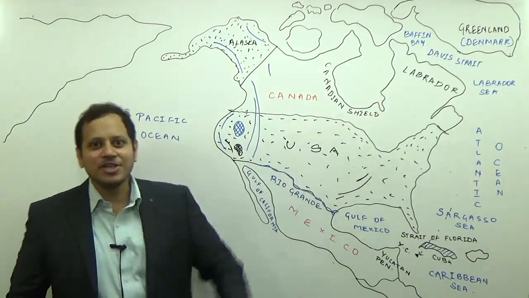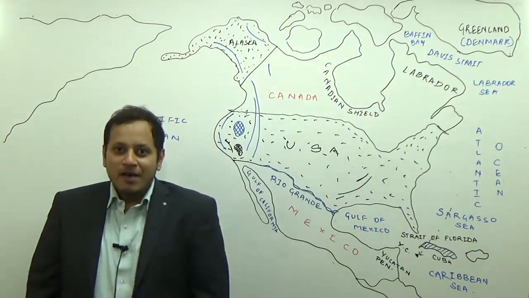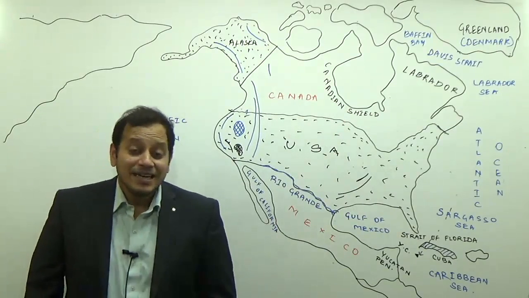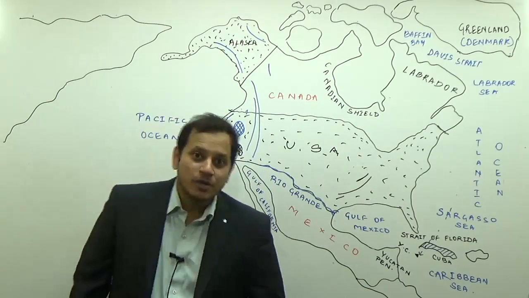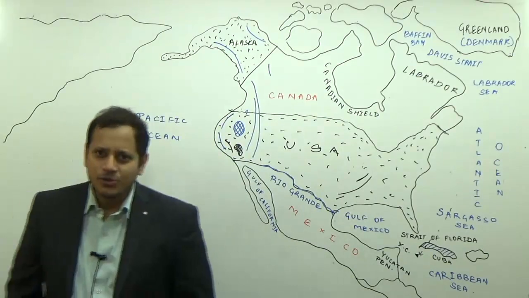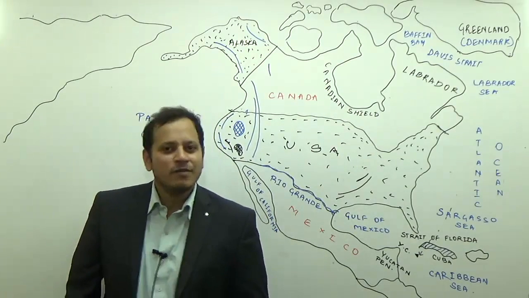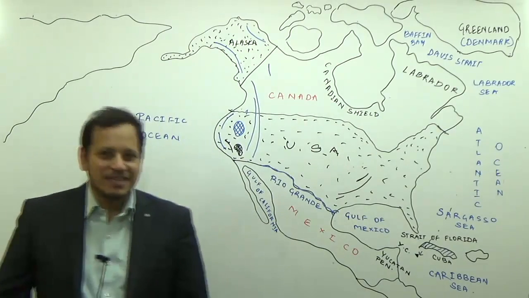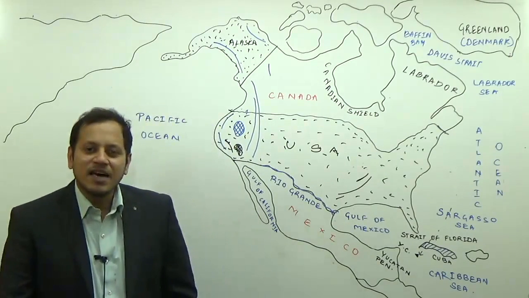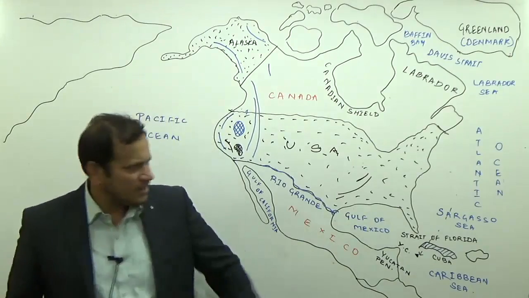Here the Canadian Shield is also a very old region. If the Peninsular Plateau is rich in minerals and iron ore, the Canadian Shield region also should be rich in minerals. Why? Because shield means the oldest, very stable portion of the Earth's crust, and generally such regions are rich in metallic minerals.